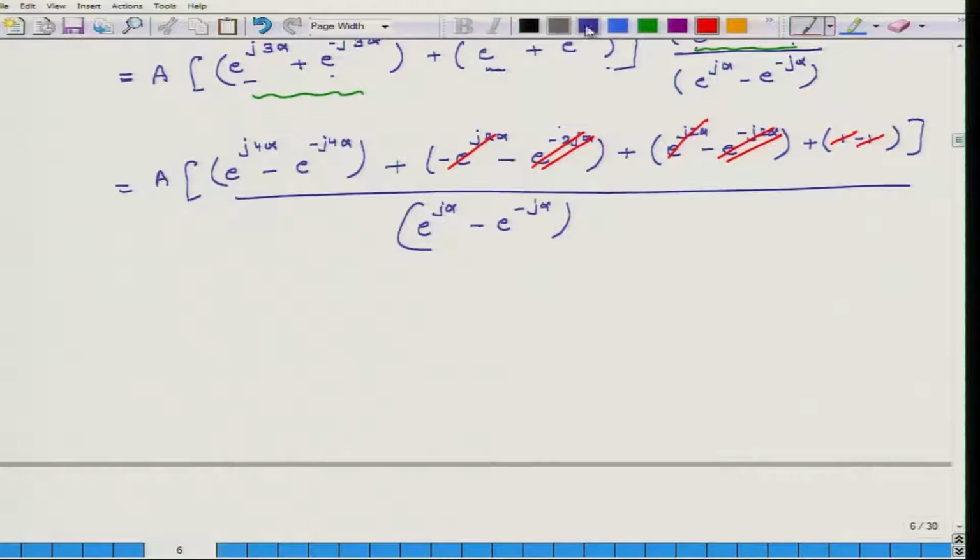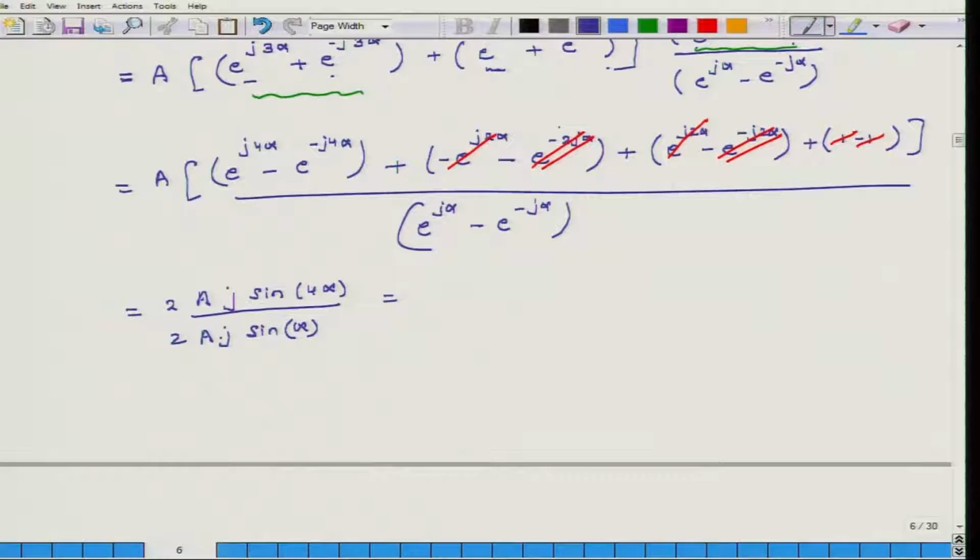So, I am left with a j sin 4 alpha divided by a j sin alpha, and of course there is 2 there.